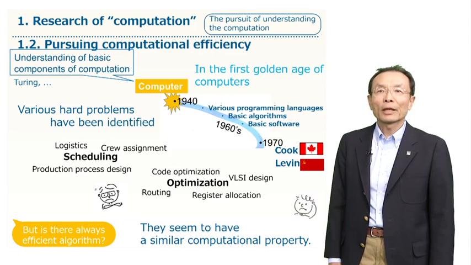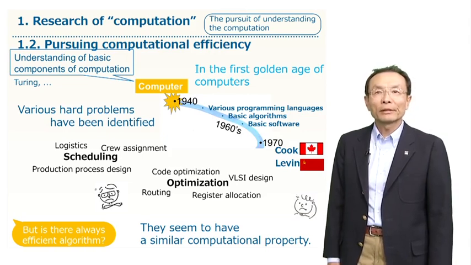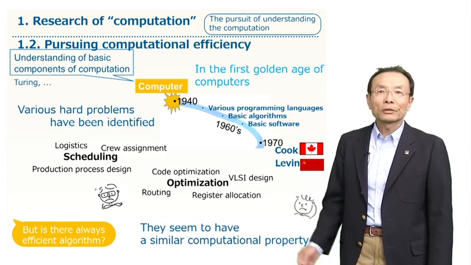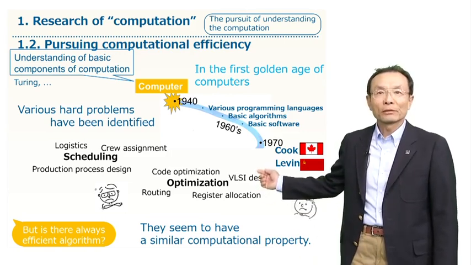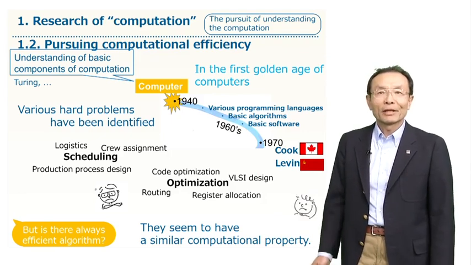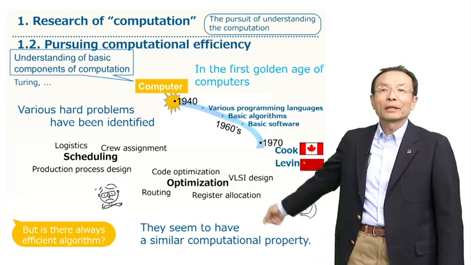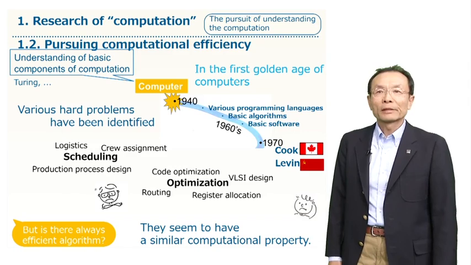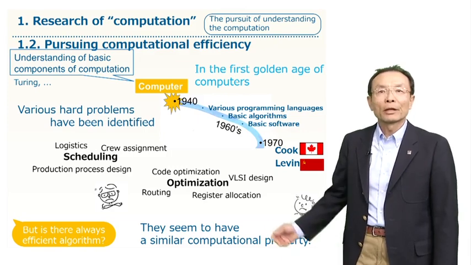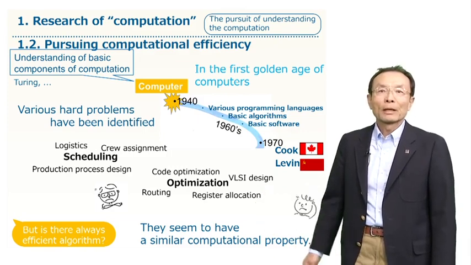Stephen Cook from Canada and Leonid Levin from the Soviet Union, now Russia, well, I should call them computer scientists, or more precisely, theoretical computer scientists. Anyway, around 1970, they independently discovered some important fact, with which they clarified what researchers felt about those hard problems.